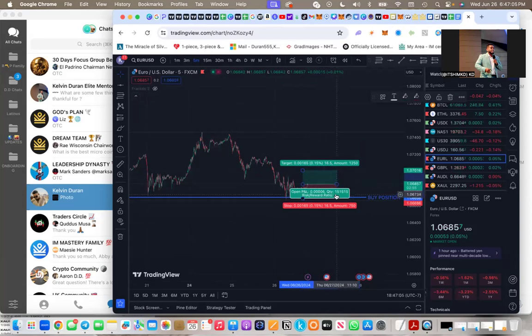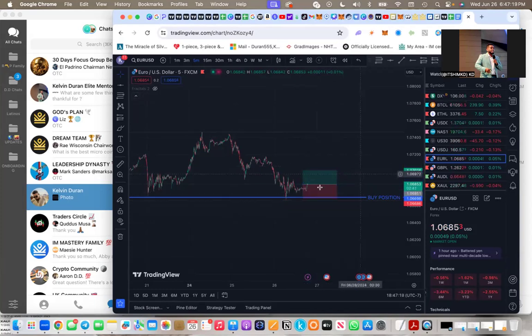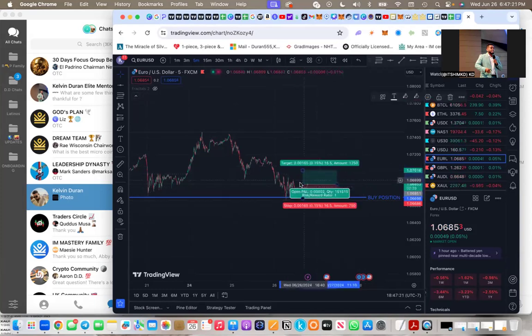The risk to reward that I trade is a 1 to 3. I'm willing to lose $10 to make $30. So this right here gives you your stop loss and also your take profit. The red means stop loss. The green means take profit.